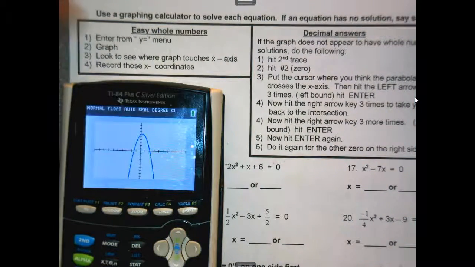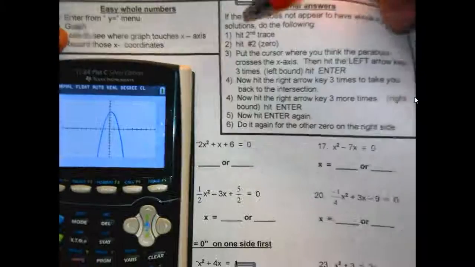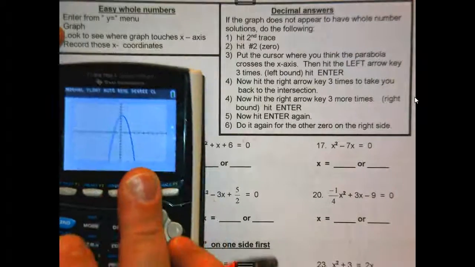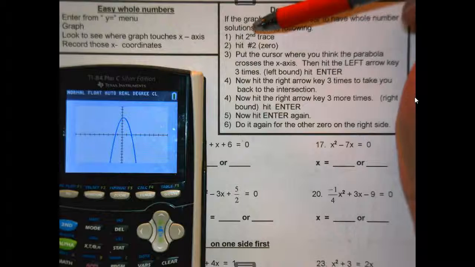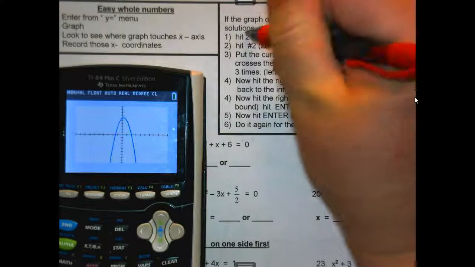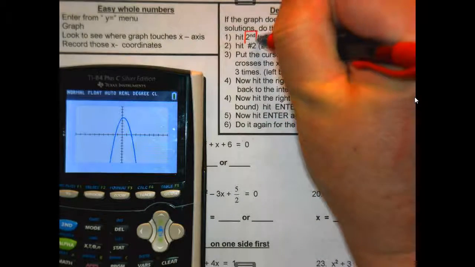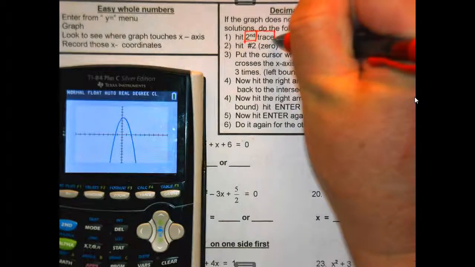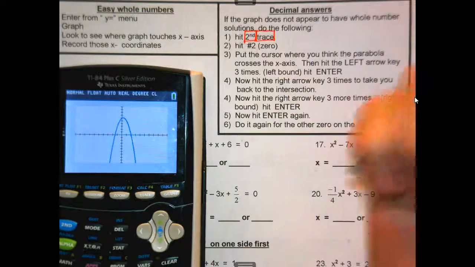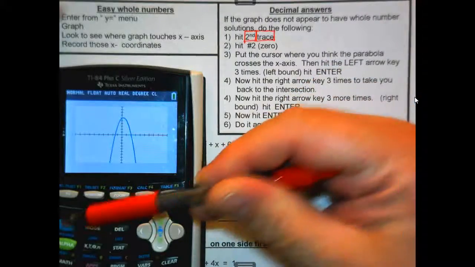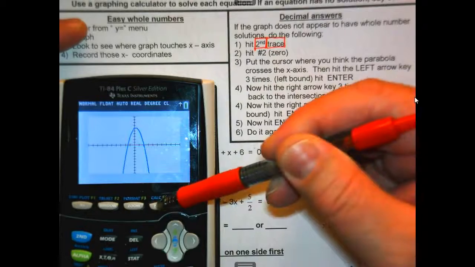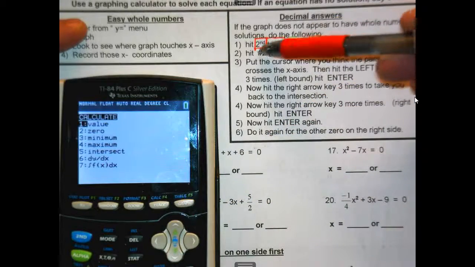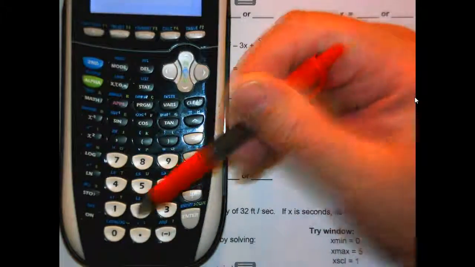Okay, the way we do this, I'm going to just follow this chart. I'm going to hit the second button and then trace. These are buttons on your calculator. So I'm going to hit second, trace, hit number 2.